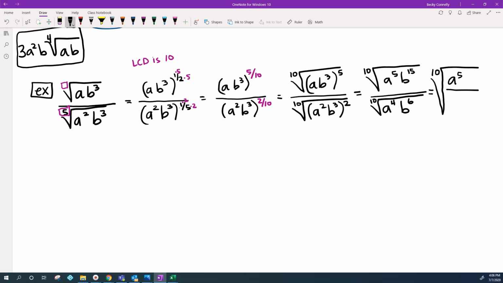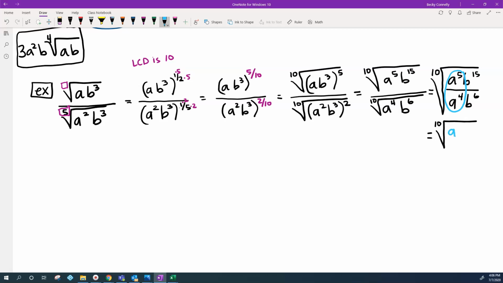And then, like you said, it's just combining things together like we did before with our properties of exponents, where you were saying subtract those exponents from each other, right? So I'll have the 10th root, and then if I look at my a to the 5th and a to the 4th, that just gives me an a.